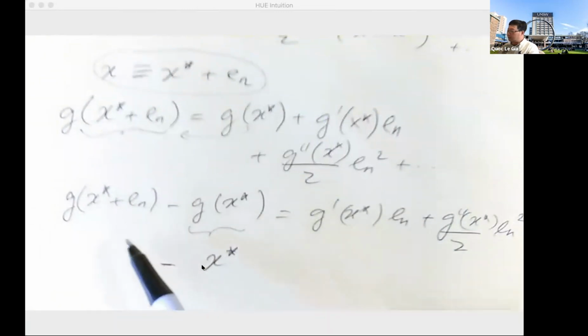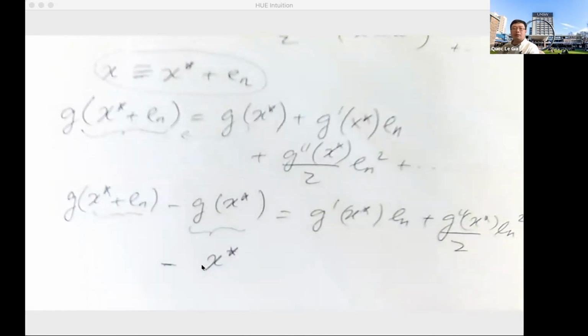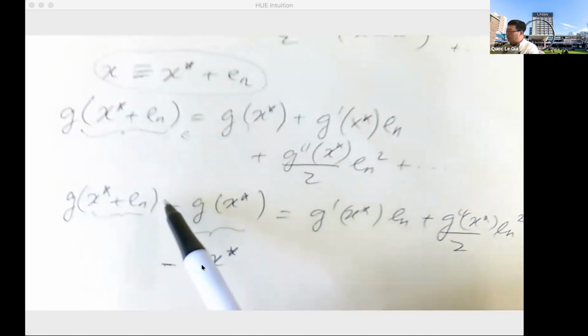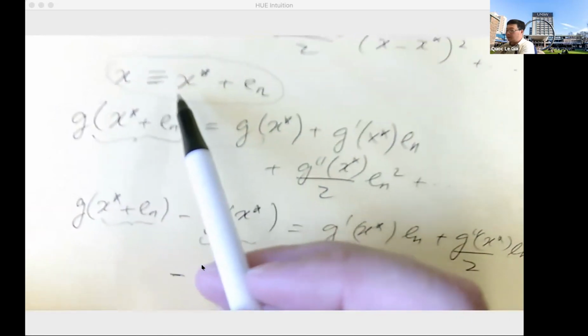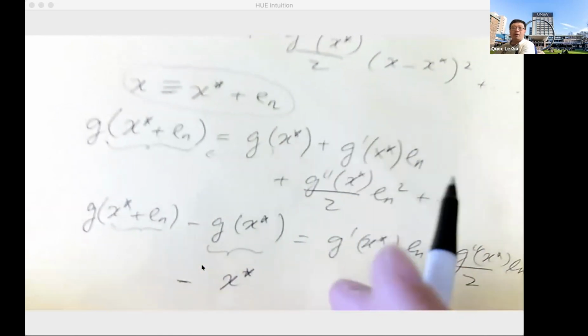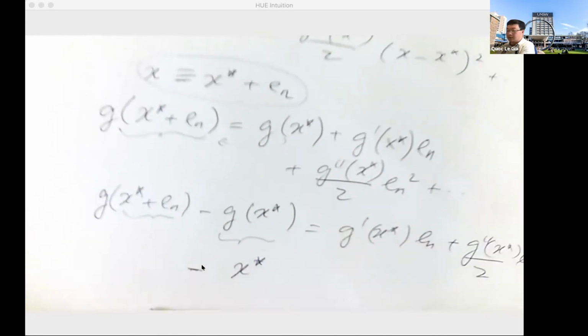Before, we said this one is what? Remember we defined en. So x is just a dummy variable, but before we had a definition of en.